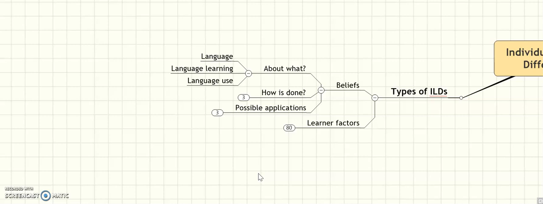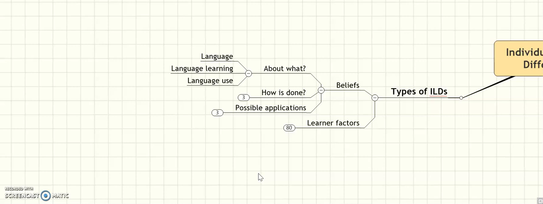Different students will very likely have different beliefs about language. Some students may see language as linguistic resources or as resources for making meaning. So meaning is the most important aspect of language because that is what we study language for: to express meaning, to understand the meaning expressed by other people through language.